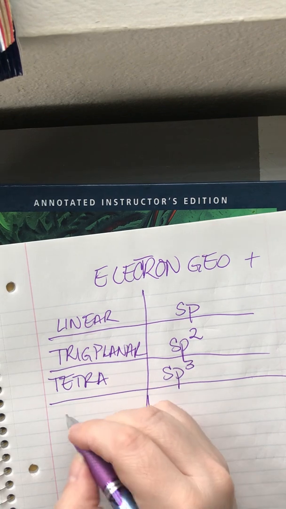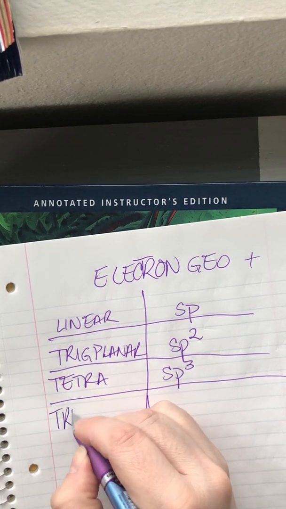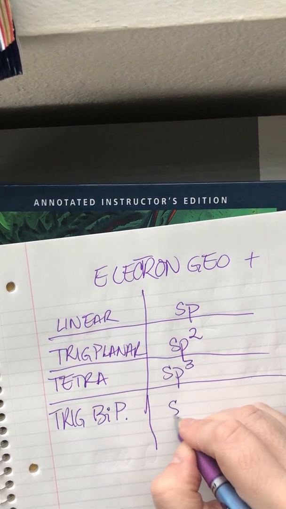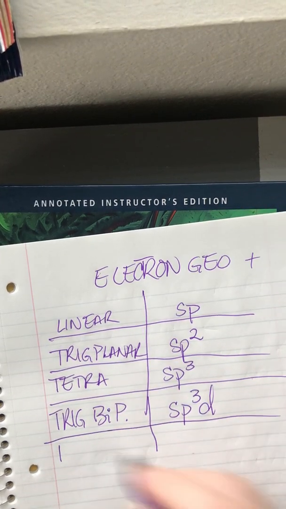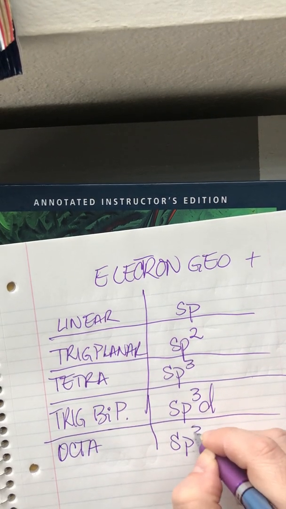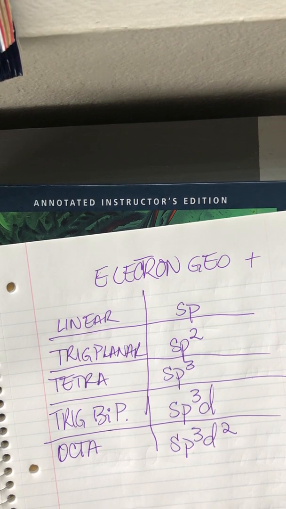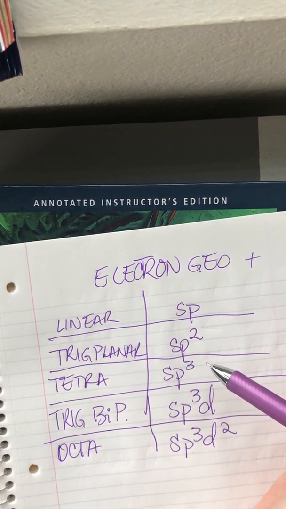And then I've got my expanded octet, which has trigonal bipyramidal, which is sp3d, and octahedral, which is sp3d2. Does that make sense? So if this is your electron geometry, this is your hybridization, period.